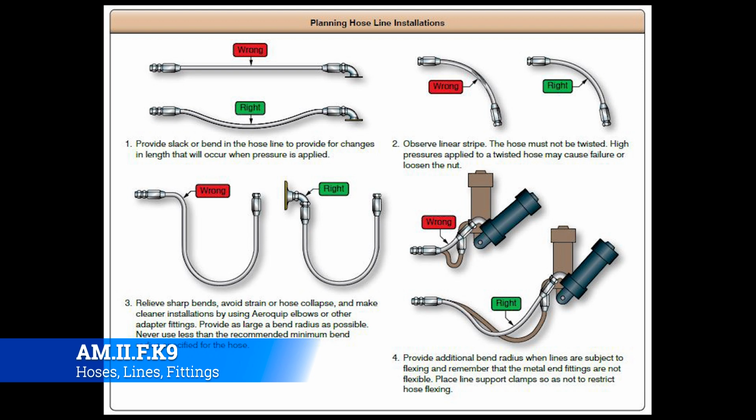Now, if you don't change it, all of a sudden you could be in a situation where you could see it explode. The key to making sure that does not happen is that it is installed correctly, and that it's also isolated from anything that it could rub up against. And so chafing is a major concern with these types of lines and with rigid lines. So let's look at that.